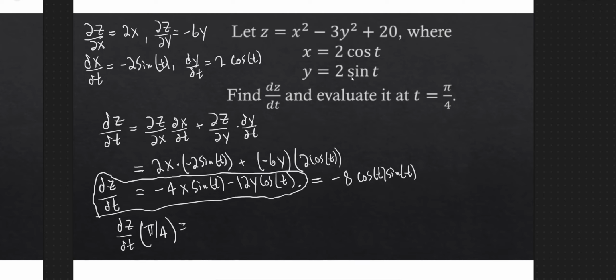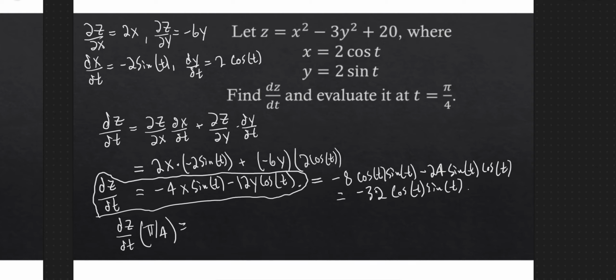And then over here, y is 2 sine t. So here I'd have minus 24 sine t cosine t. And actually, this is really nice. Some things can combine, because cosine t sine t are like terms. And so we have minus 32 cosine t sine t. And that is an equivalent expression for dz/dt, but just in terms of t.